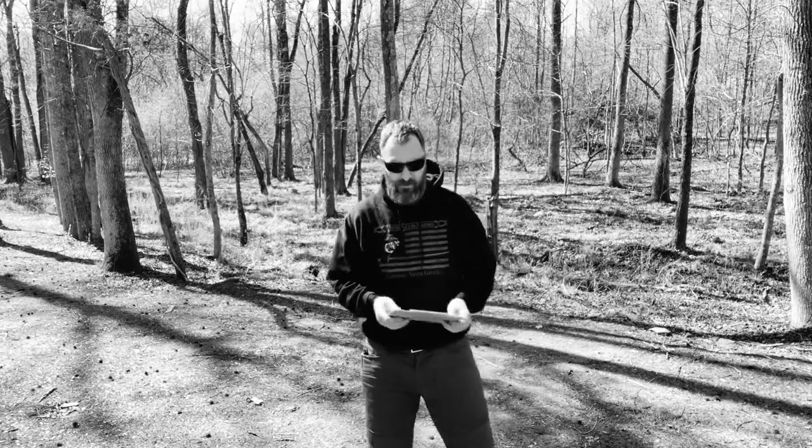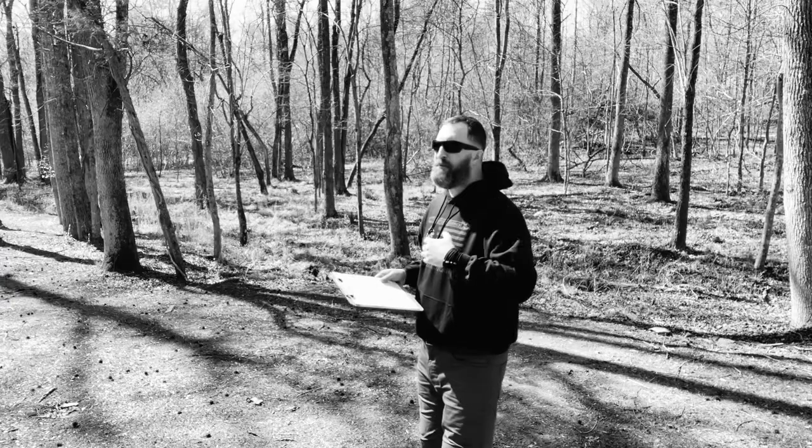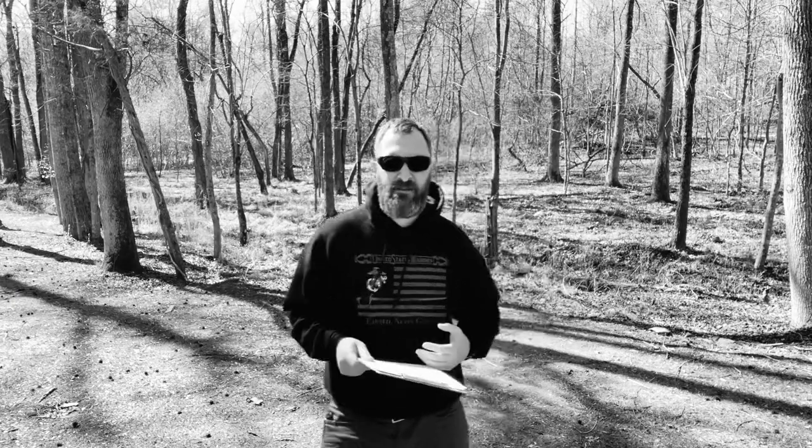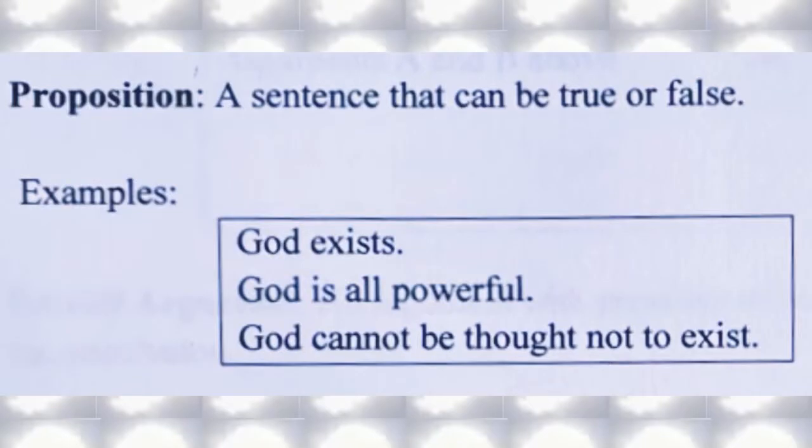So let's go over some of these key terms and concepts in logic that I want you to know. The first is a proposition. We're going to define a proposition as a sentence that can be true or false. Other terms synonymous with proposition might be statement, claim, declarative sentence, things like that. Examples of propositions are the following.